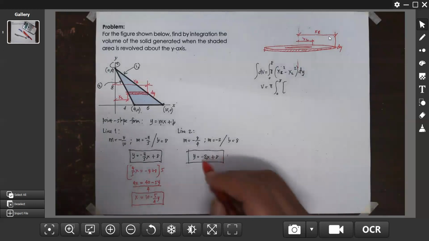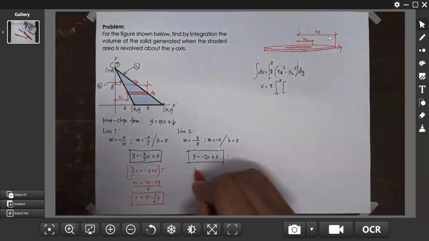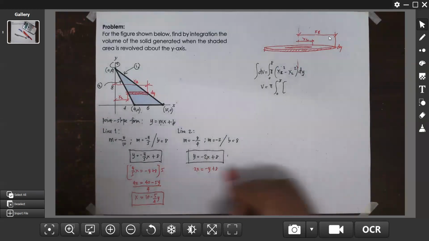For this one, our x is transposed. You have 2x equals negative y plus 8, divided by 2. That would be 4 minus 1/2 of y.